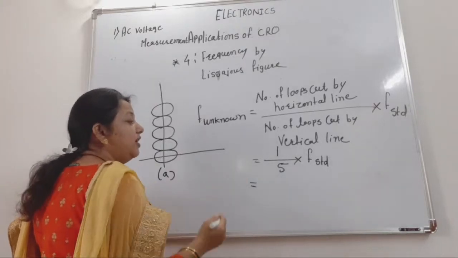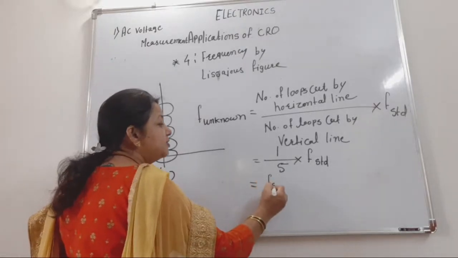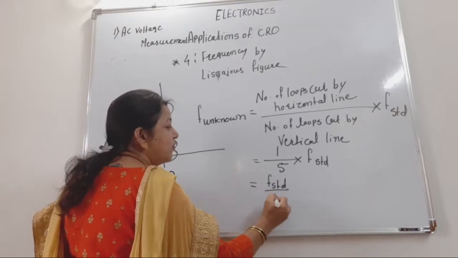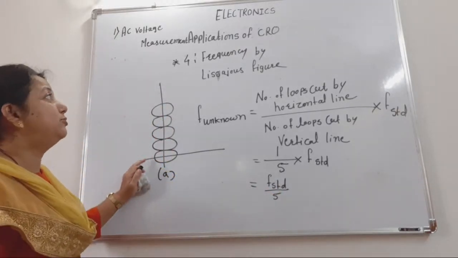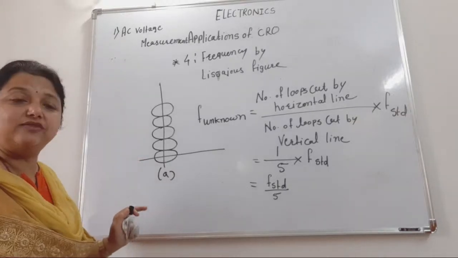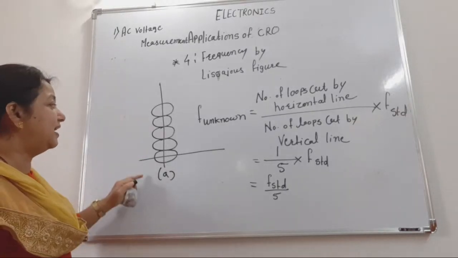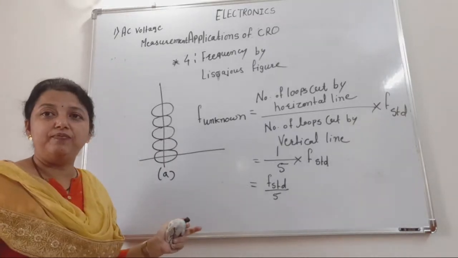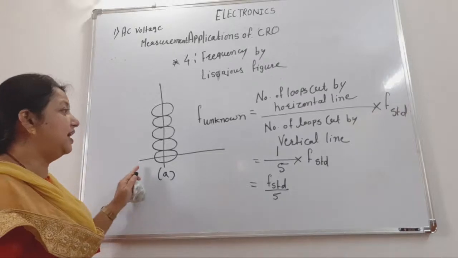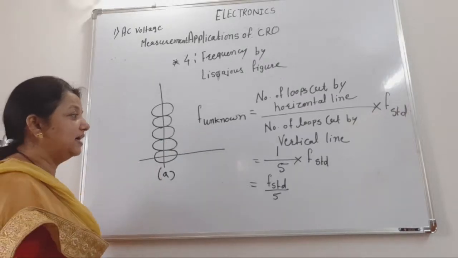Therefore, the unknown frequency is given by F standard upon 5. Right? This is for this figure, explaining the frequency by Lissajous figure. You may consider any diagram, any number of loops, maybe more than 5, maybe less than 5. But for such a diagram, the calculations are like this.